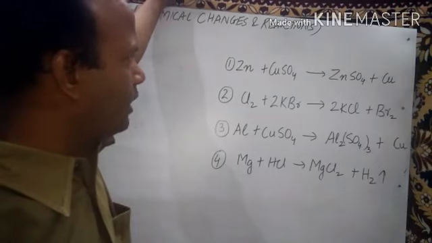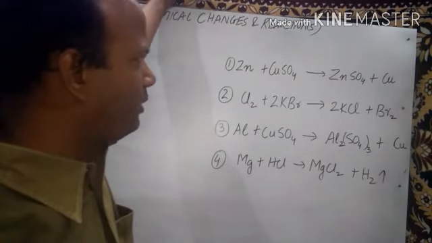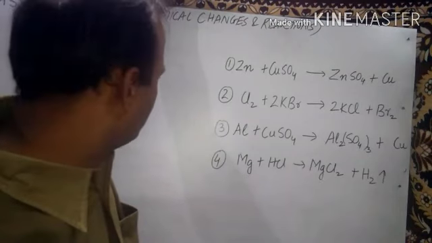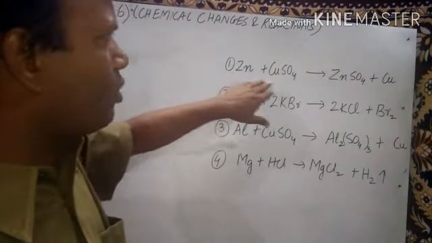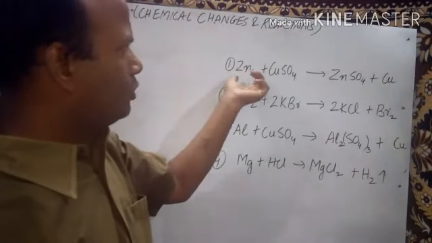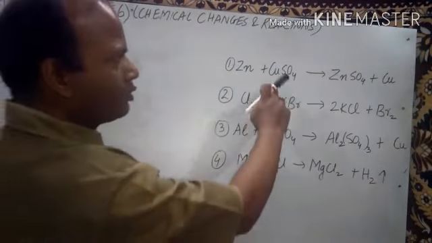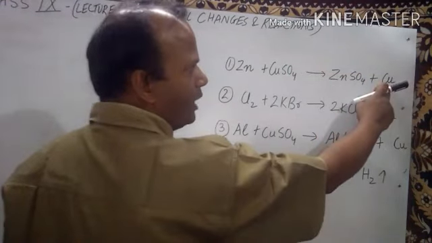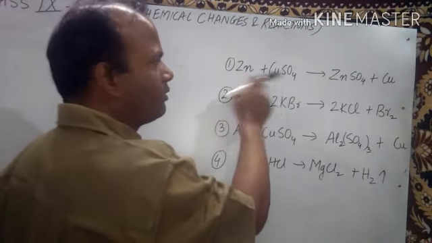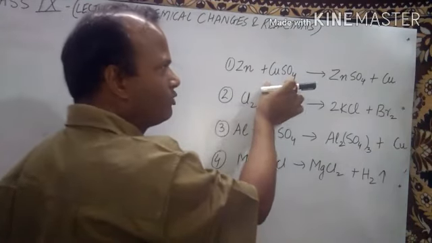So now let us take some examples of displacement reaction, and all the reactions are given in your book. I have taken from your book only. Zinc plus copper sulfate gives zinc sulfate plus copper. So what are we getting? Copper being displaced by whom? By zinc. Why is zinc displacing copper from copper sulfate in aqueous solution?